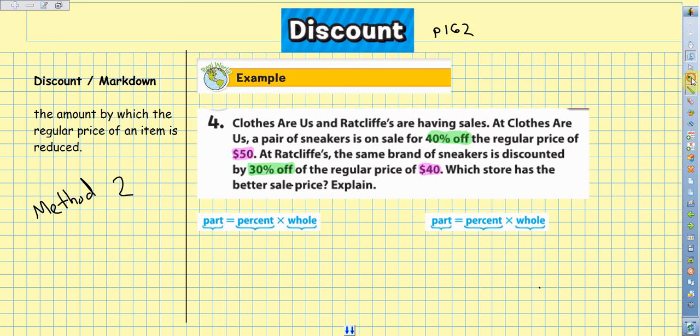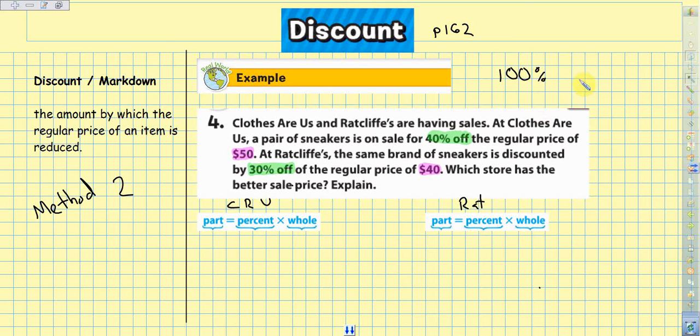Okay, so we're going to split this up. We're going to organize it. That's very, very important. So we have Clothes R Us, and we have Ratcliffe's. Okay, so what I'm going to do is change this. You have to remember that this is 40% off the sale price. So that means that I can look at the opposite effect of this, and I think of my percents as 100%.